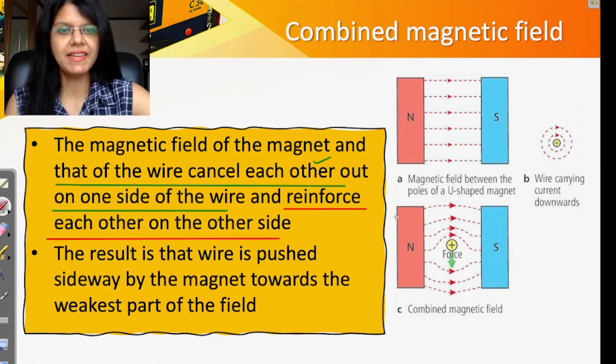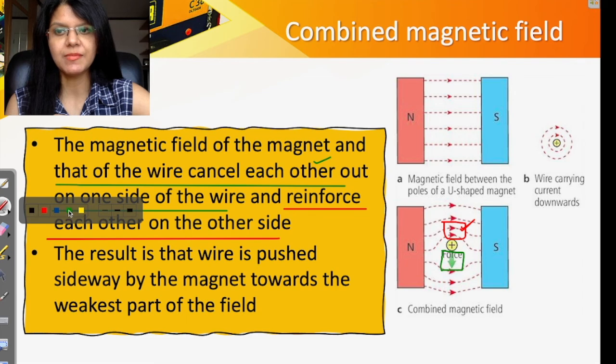They are cancelling each other in this zone and they are reinforcing each other in the upper zone. Here you have strong magnetic field, strong forces. Here at the downward portion, the green box, you have less force present.